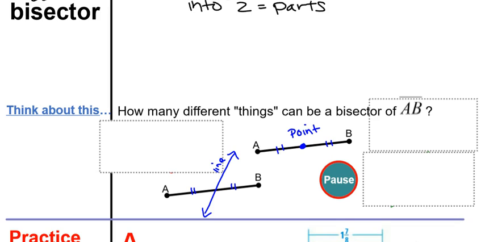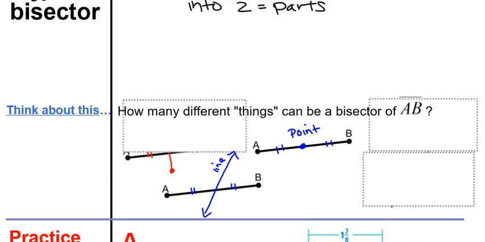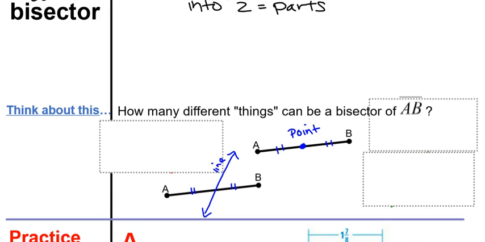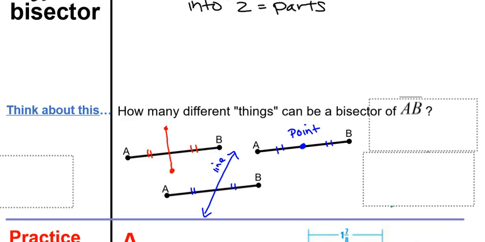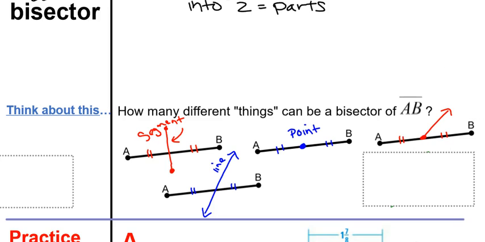I added three more here. The first one that I did was I put a segment through that other segment, so I had a segment bisecting a segment. Another thing that I did was I drew a ray, and notice it goes right through this middle point, and I have two equal parts there.